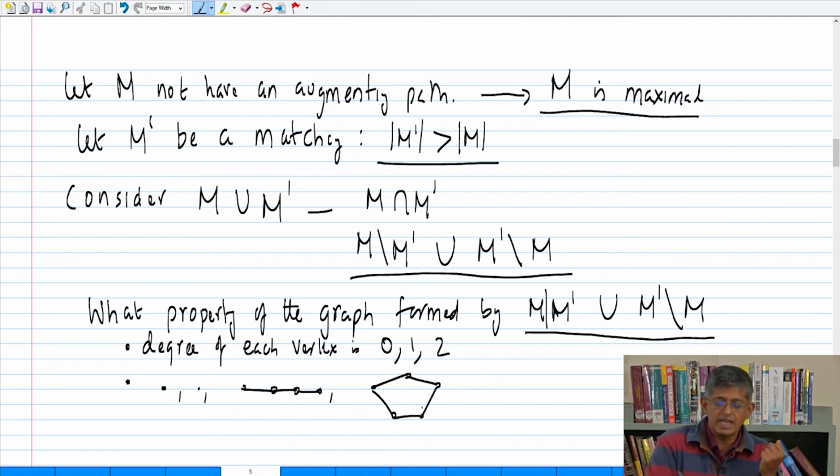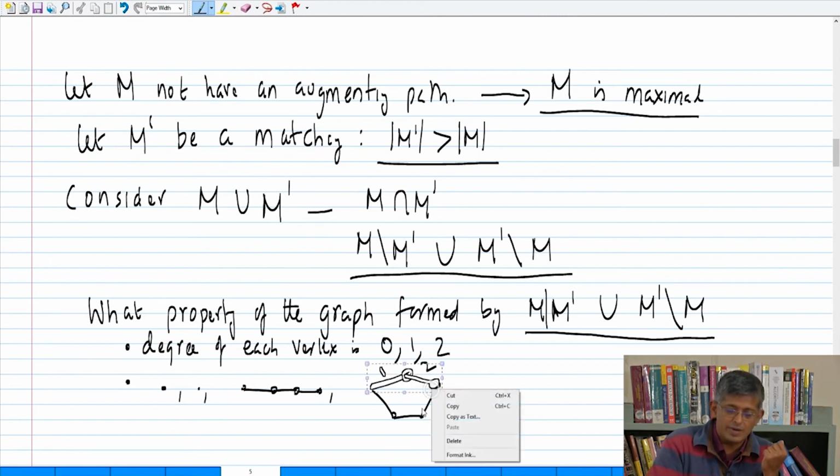So, is such a cycle possible, by the way? I deliberately drew it. So, maybe this edge is in the first matching. Then this vertex is matched to this edge. This vertex via this edge in the second matching. So, 1, 2. Then obviously this vertex could not be matched to this.